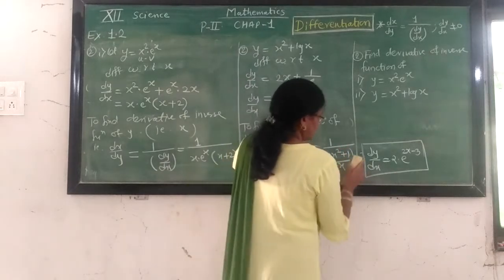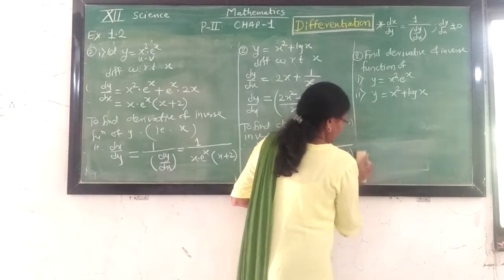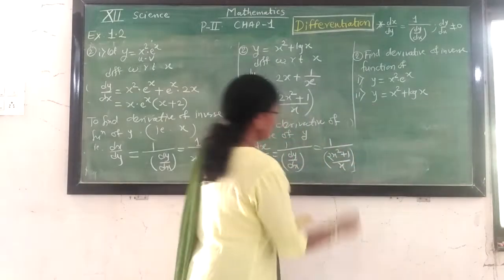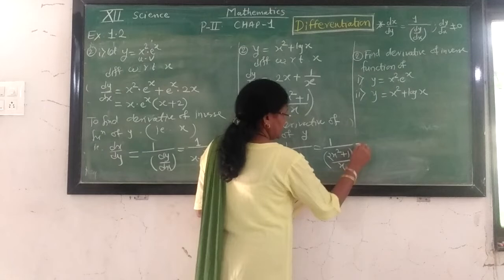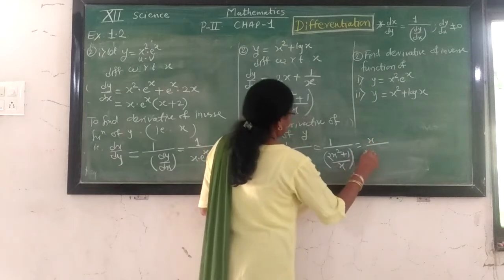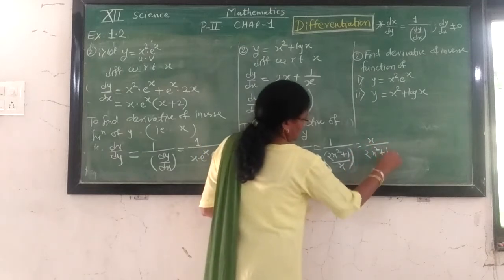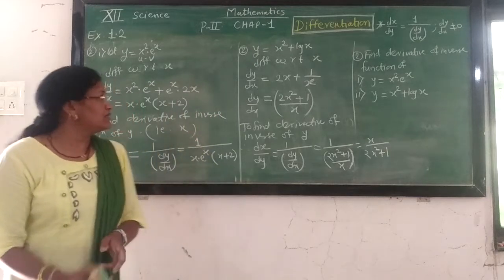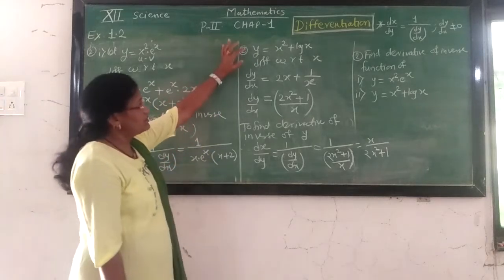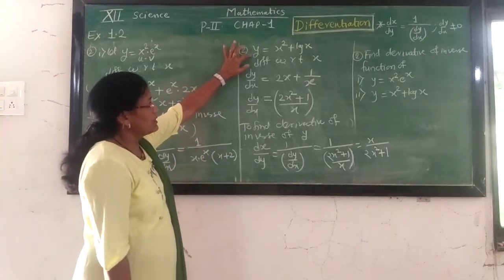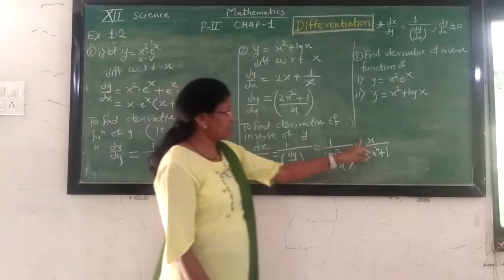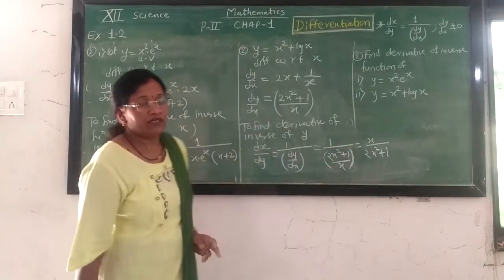Now we take its reciprocal, and this value is nothing but x upon 2x square plus 1. Therefore, the derivative of this one is this, but the derivative of the inverse of this one is x upon 2x square plus 1.